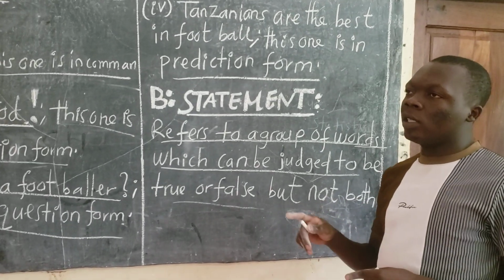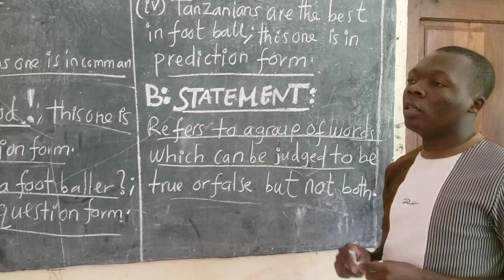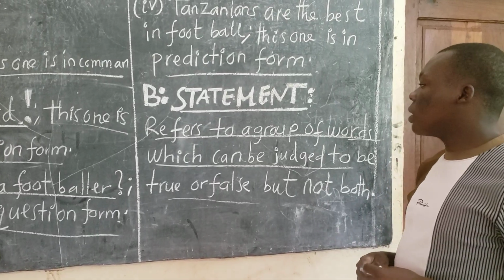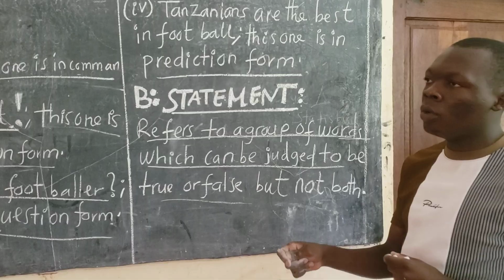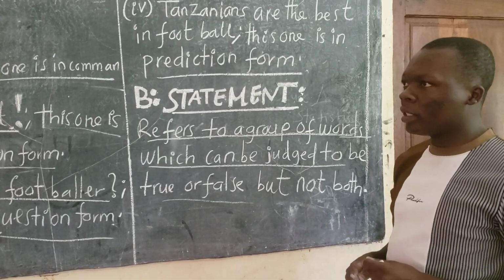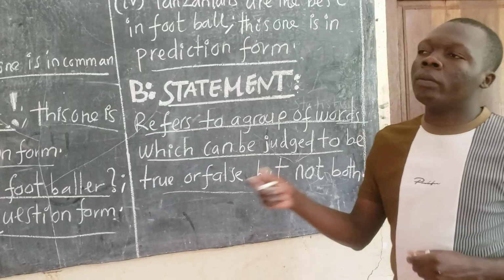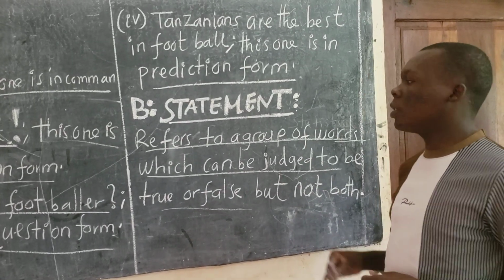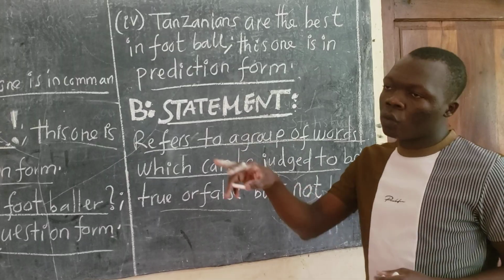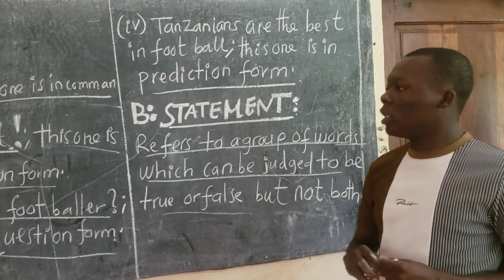Sentence and statement sometimes might seem the same, but they are not the same. A sentence is a set of words which can be true or false. But a statement is a group of words which can be judged to be true or false, but not both. It means that the statement cannot be both true and false at the same time. So if it is only true, it is true. If it is only false, it is false. That is all about the statement.